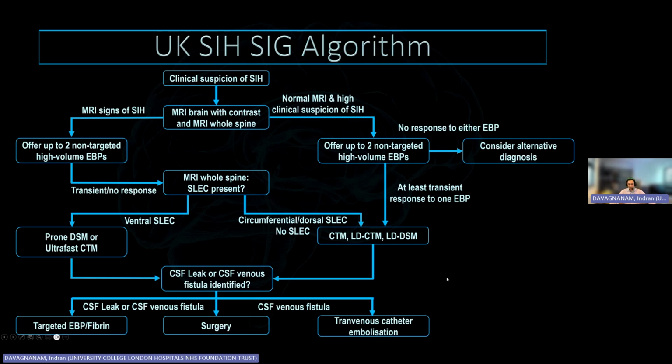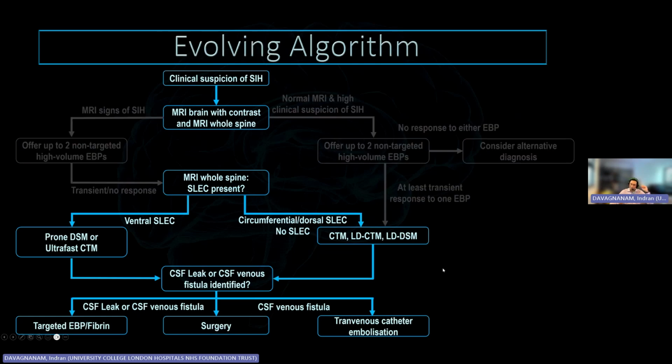Now, this is unpublished as yet, and the data is there to support perhaps not really utilizing non-targeted blood patches to any degree. It really depends, because practice is quite variable across the world, and part of the reason why is because setups are variable. For example, Cedars-Sinai is predominantly led by neurosurgery and supported by neuroradiologists.